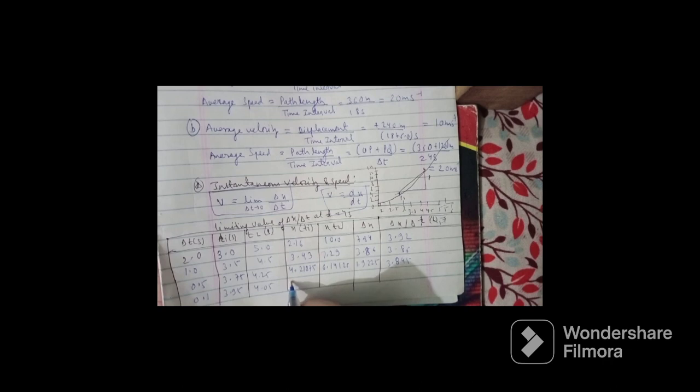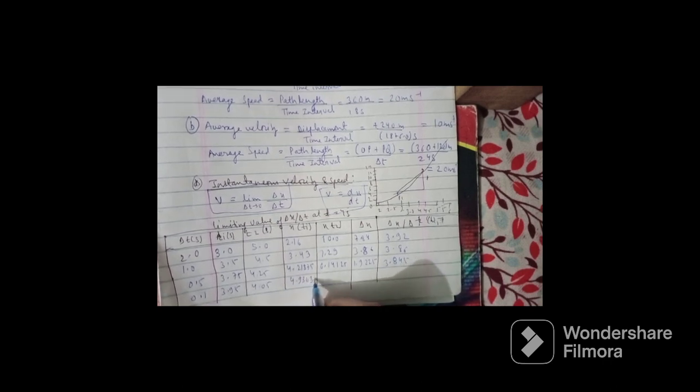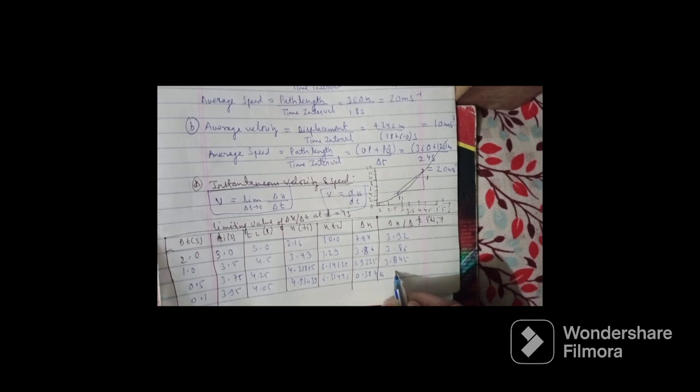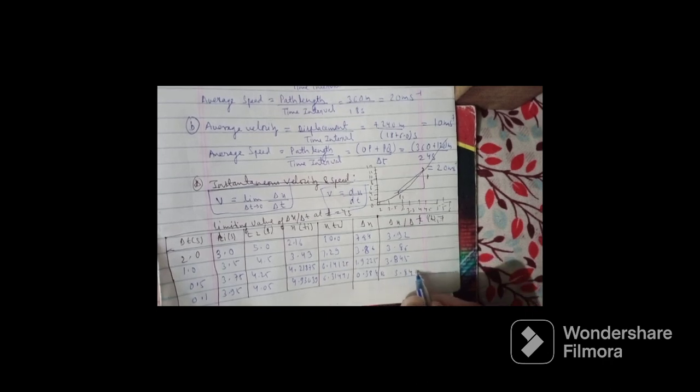Another is 0.1: t1 is 3.95, t2 is 4.05, x(t1) is 4.93039, x(t2) is 5.31441, delta x is 0.38402, and delta x by delta t is 3.8402.